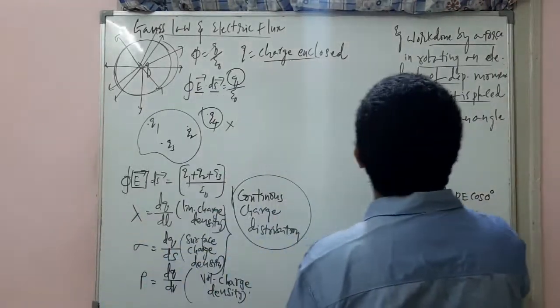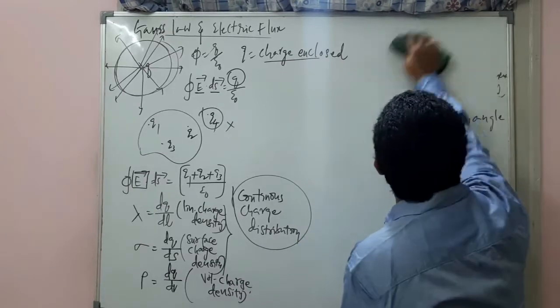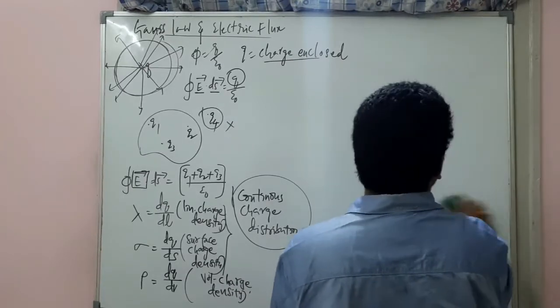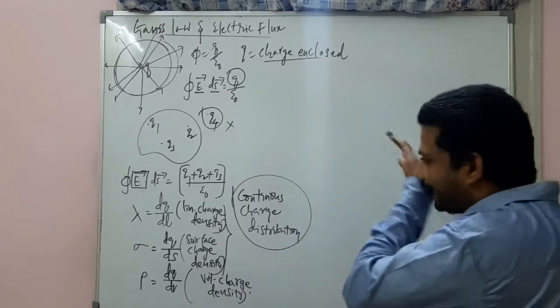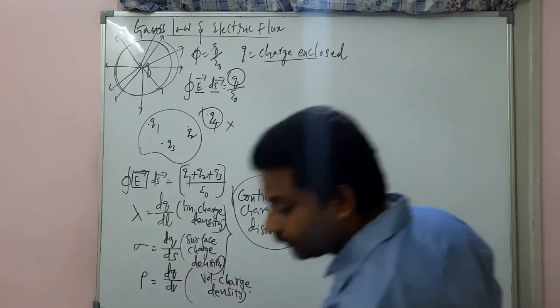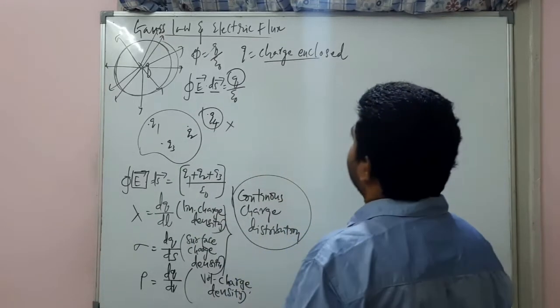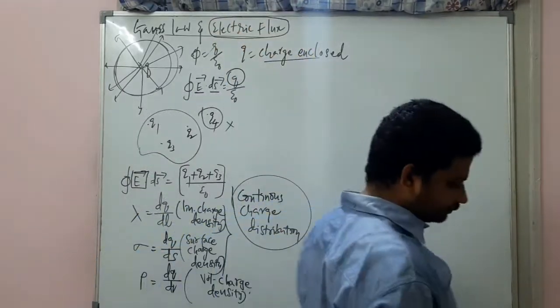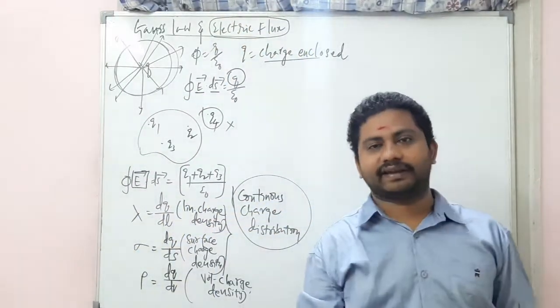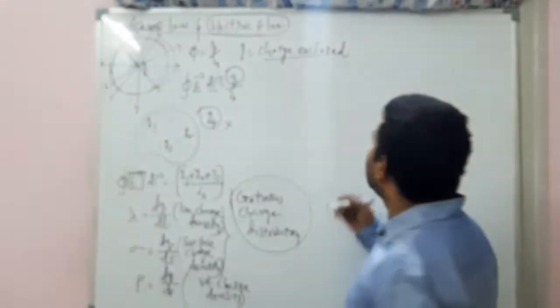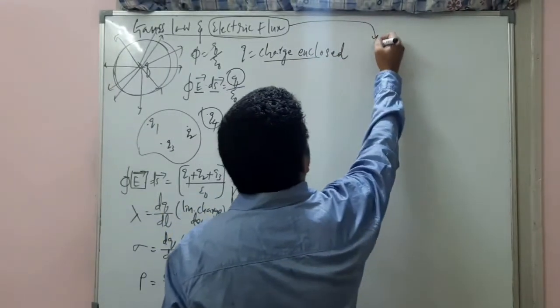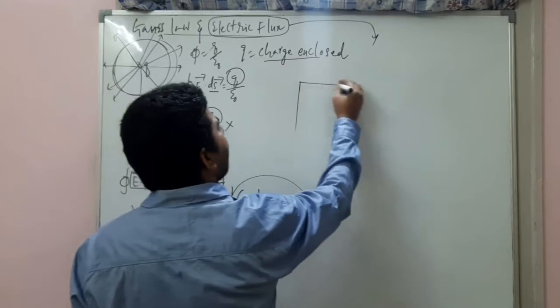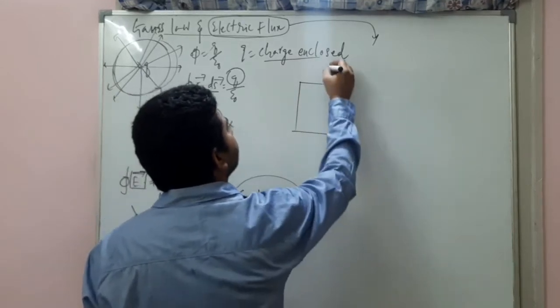Now, before we move to the applications of the Gauss law, students, let us discuss electric flux. Simple, electric flux, right? Look at this electric flux concept. For example, I have a cube. Carefully see.